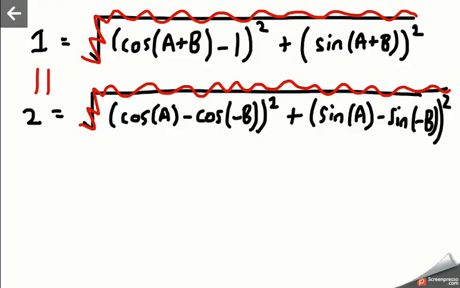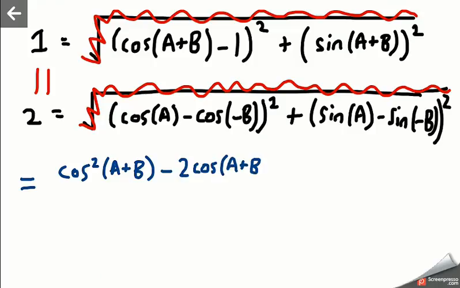All right, let's expand both these things out. Expanding the first one out, we get cosine of A plus B squared, and then minus 2 times 1 times cosine of A plus B, so minus 2 times cosine of A plus B, plus negative 1 squared.